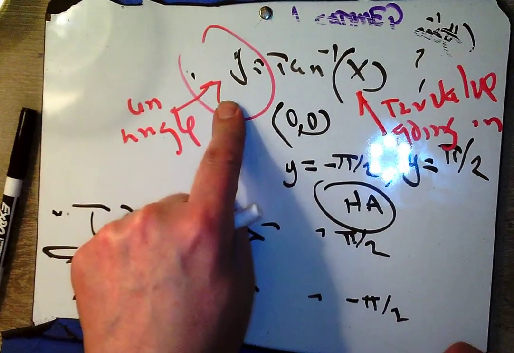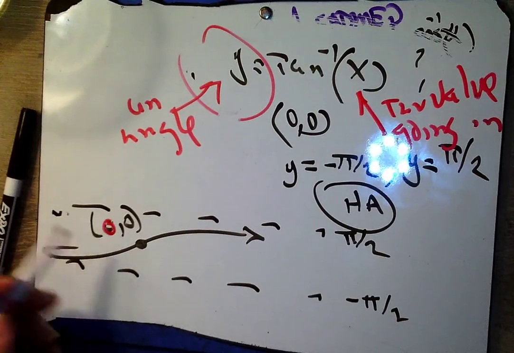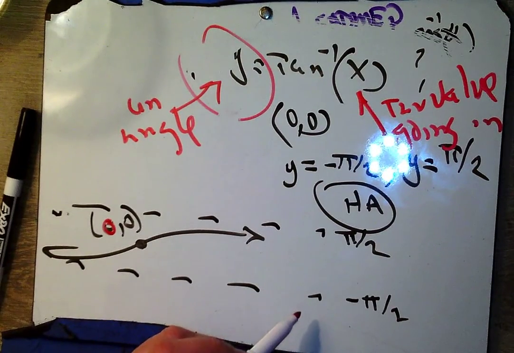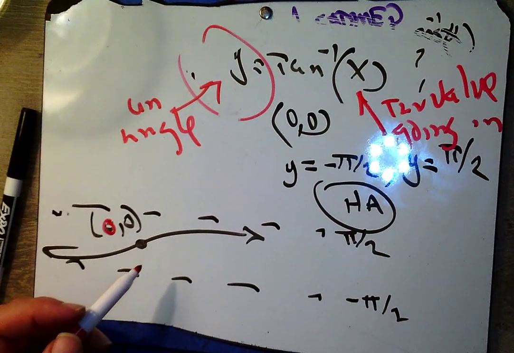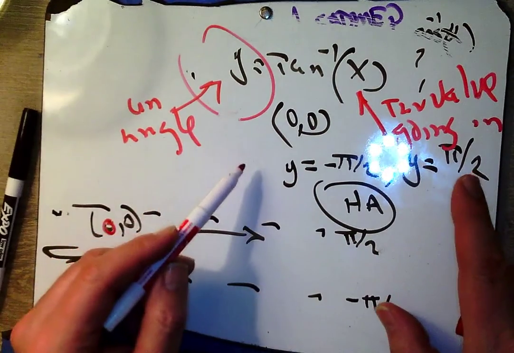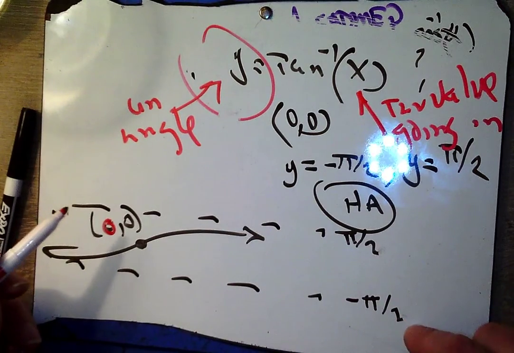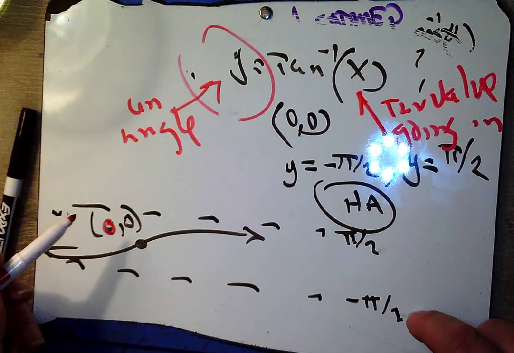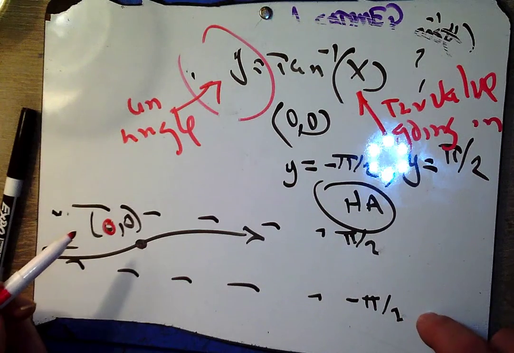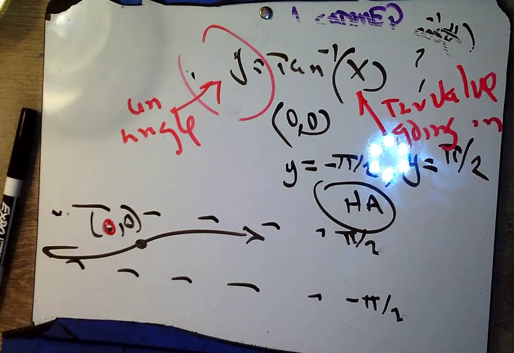It's the angle that has that tangent value. So what I'm thinking about here is these vertical asymptotes on tangent become horizontal asymptotes on inverse tangent. That's good.